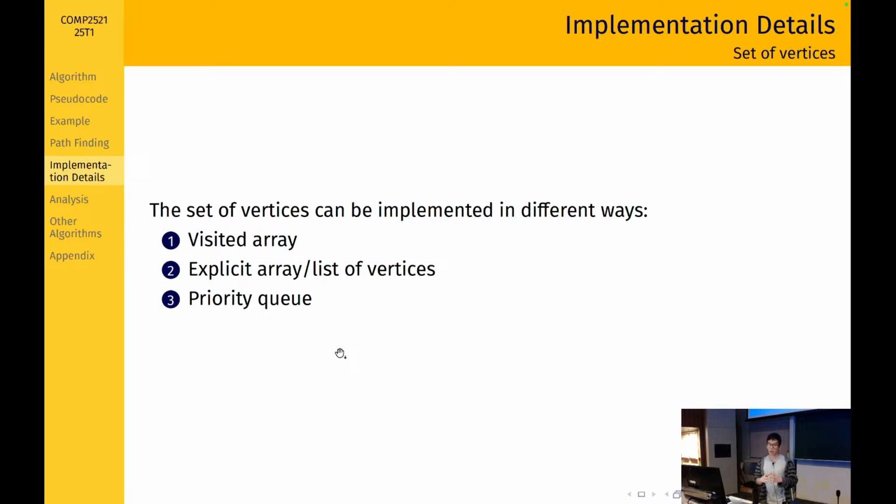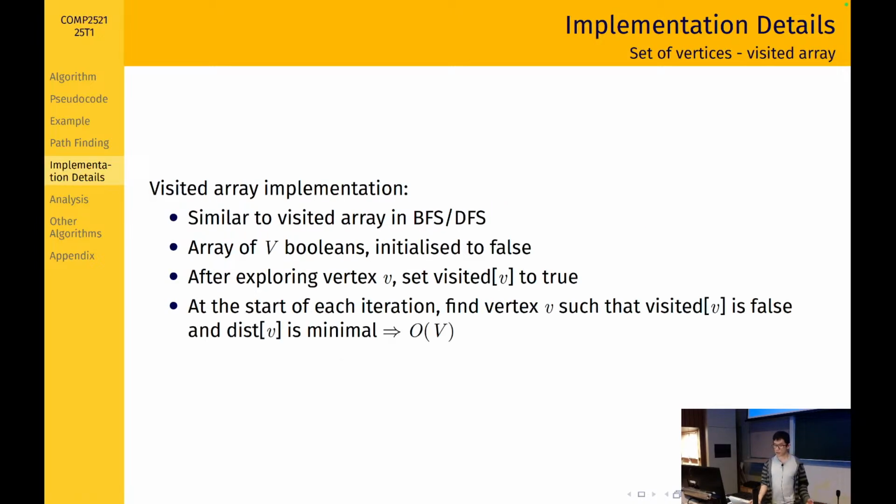We can use a visited array. That would work by having an array of Booleans, just like in BFS and DFS, where every time we explore a vertex, we mark the vertex as visited.